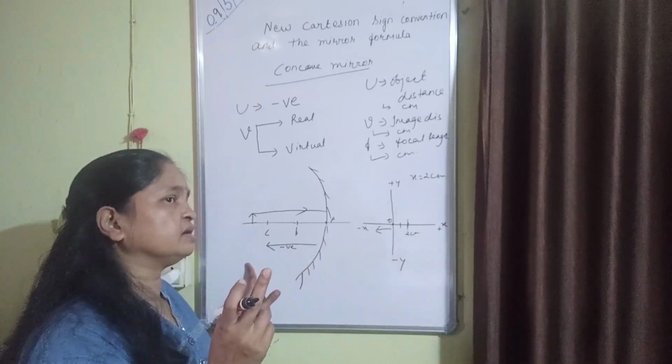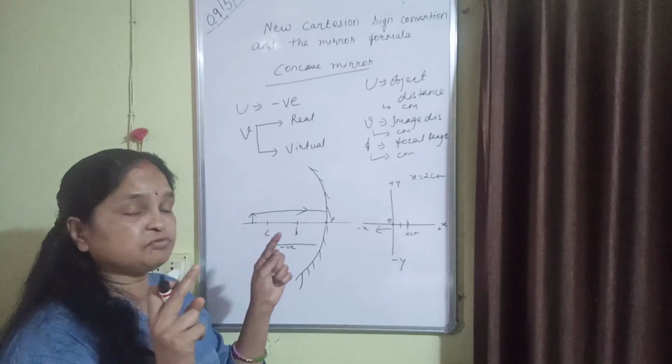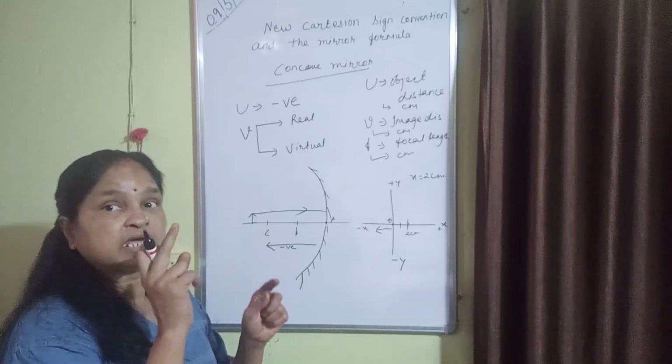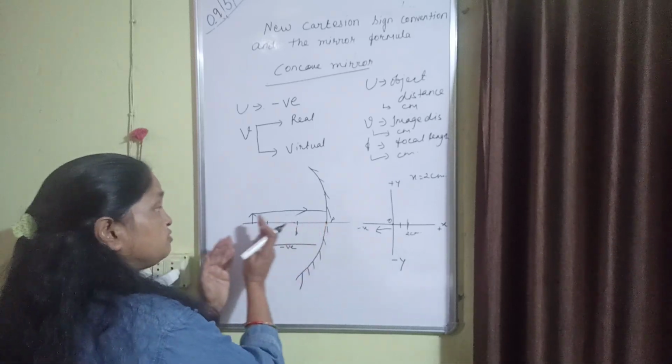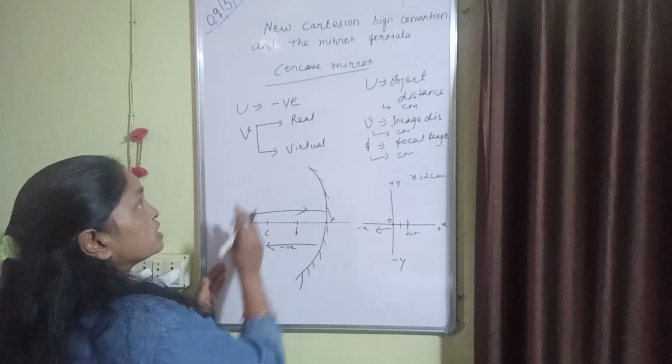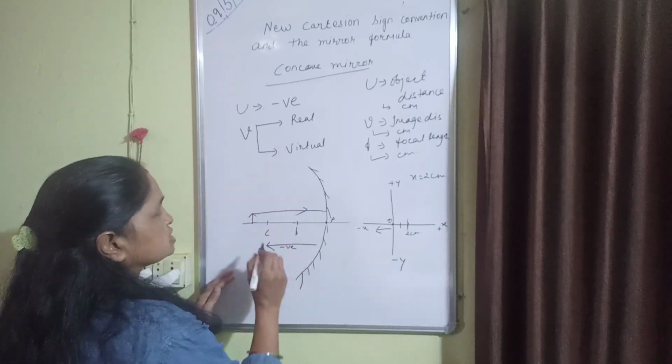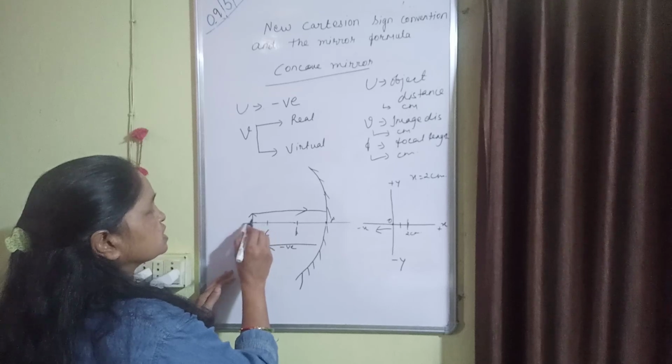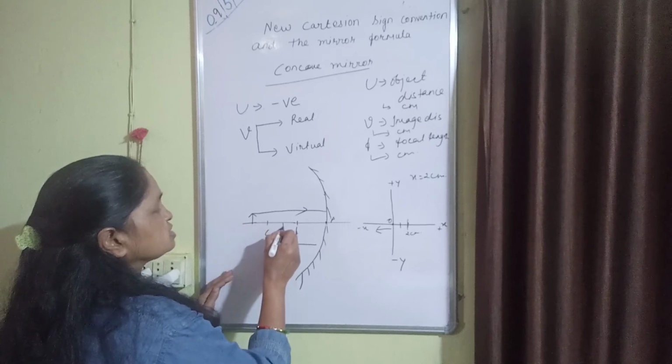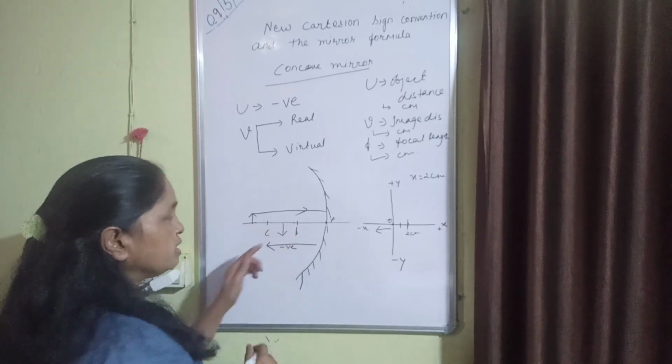Remember the ray diagram, you will find that the two reflected or refracted rays meet in front of the reflecting surface. So, for a real image, when the object is beyond C, the image is forming between C and F.